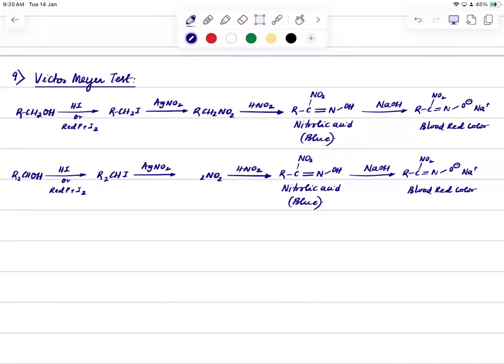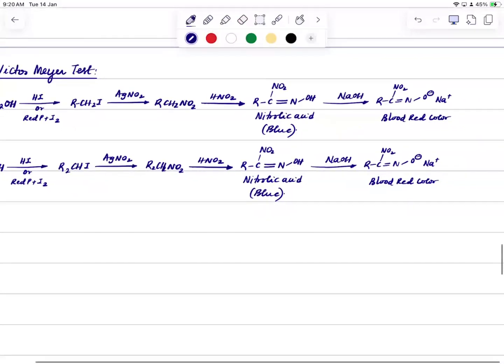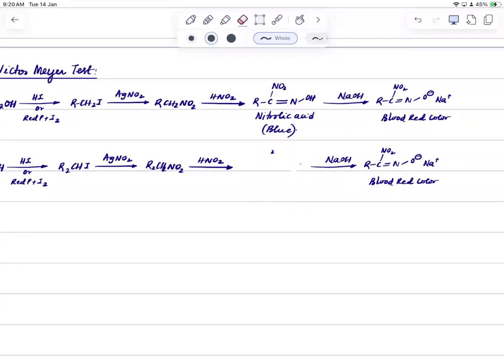And from R2CH here, when you treat with HNO2, now you will get a very similar type of acid, except that we will have C, R and R, and one of the hydrogens which was there is gone here.